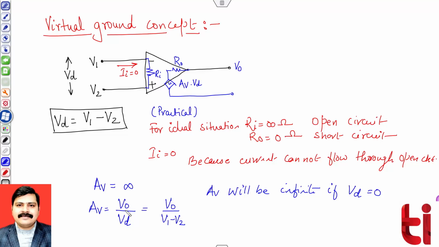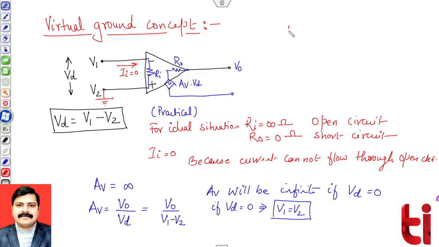V naught divided by 0 is infinite, and if the differential input voltage VD is 0, this indicates that V1 will be equal to V2. So what is the meaning? Suppose I am connecting terminal V2 as ground.